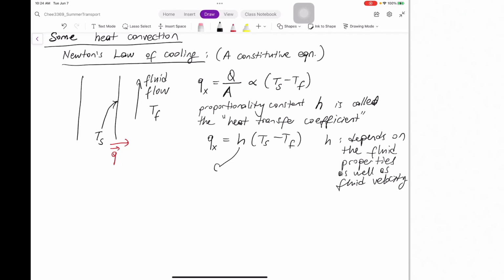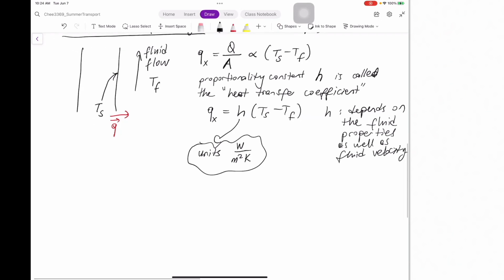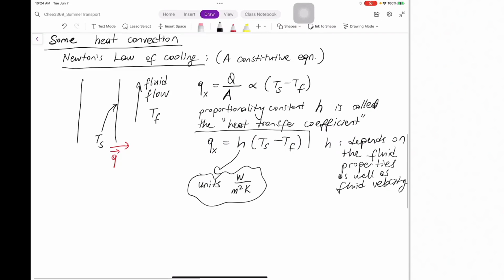And the units, as you can see, the units for Qx is watts per meter squared, right? And the units for the temperature difference is Kelvin, so h has the units of watts per meter squared Kelvin, right? It's important. So this law is called Newton's law of cooling.